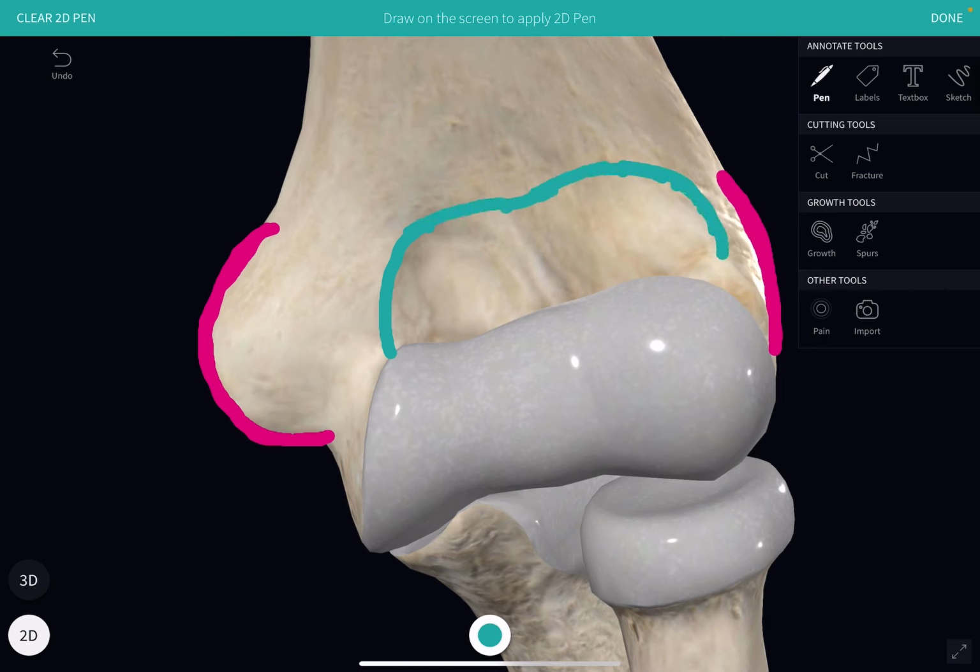This lateral one is the radial fossa, and this one here is the coronoid fossa. So these fossae actually lie inside the joint capsule, whereas the epicondyles lie outside.